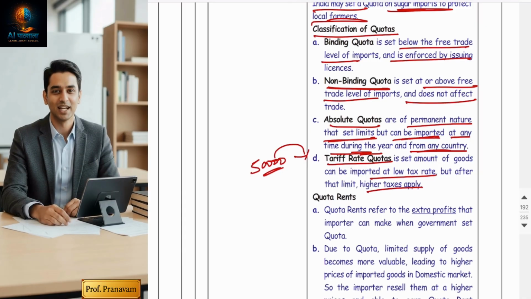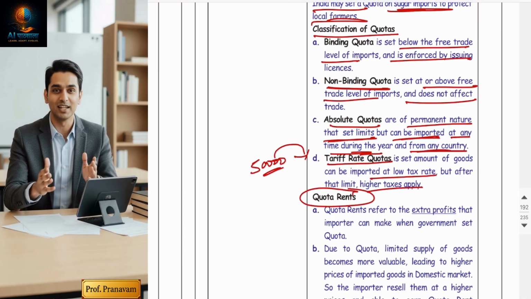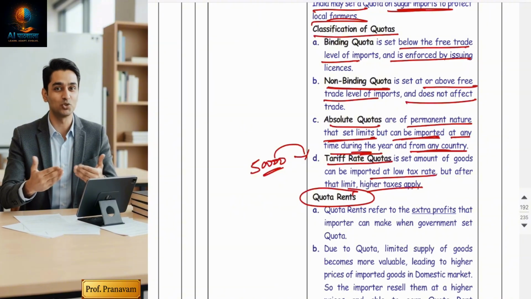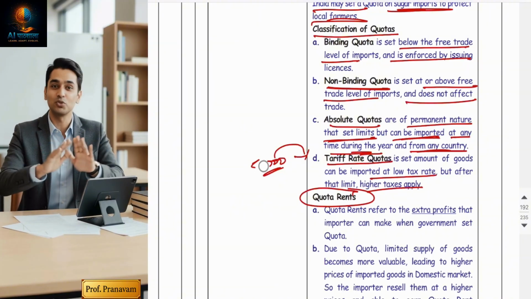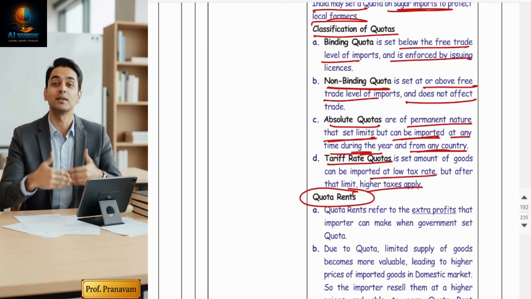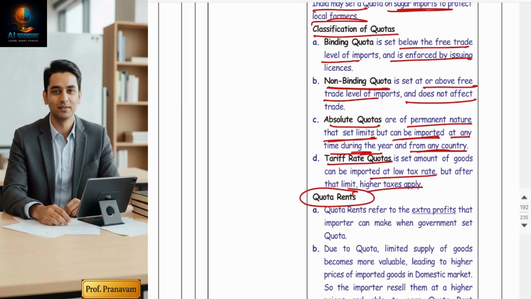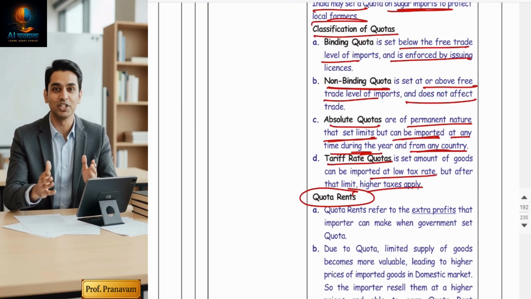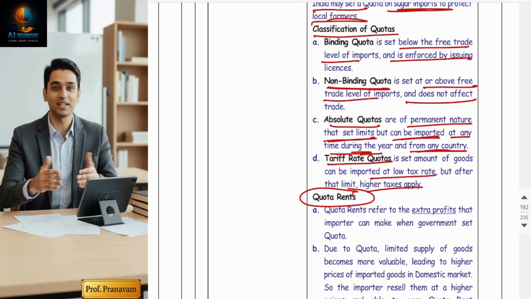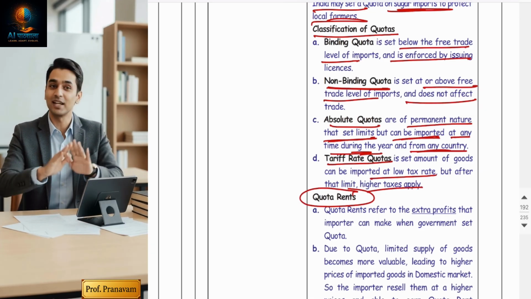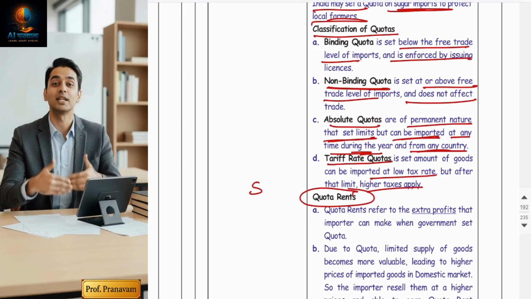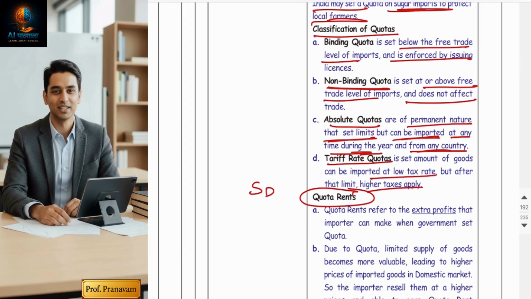Now, one more concept is there, quota rent. What is this quota rent? Guys, due to the import quota system, imports are restricted. For example, if the government restricts some products up to a certain limit in India, the supply will be restricted and the demand will be more.